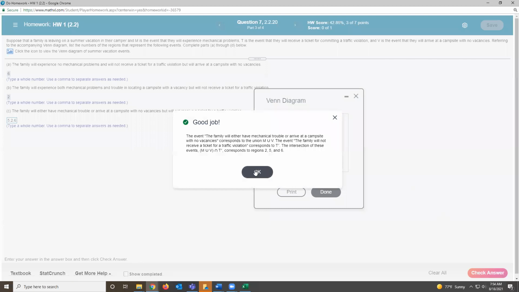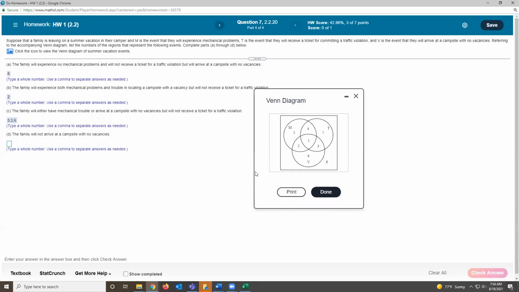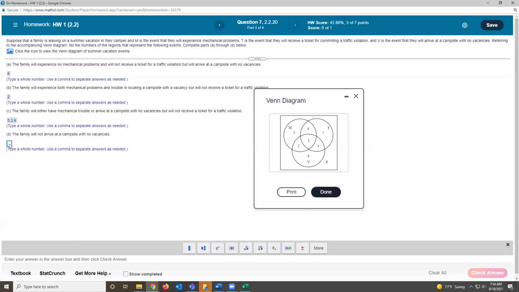Okay. So one more. The family will not arrive at a campsite with no vacancies. So will not arrive with no vacancies. So the no vacancies is V, and not arriving with no vacancies means V complement.